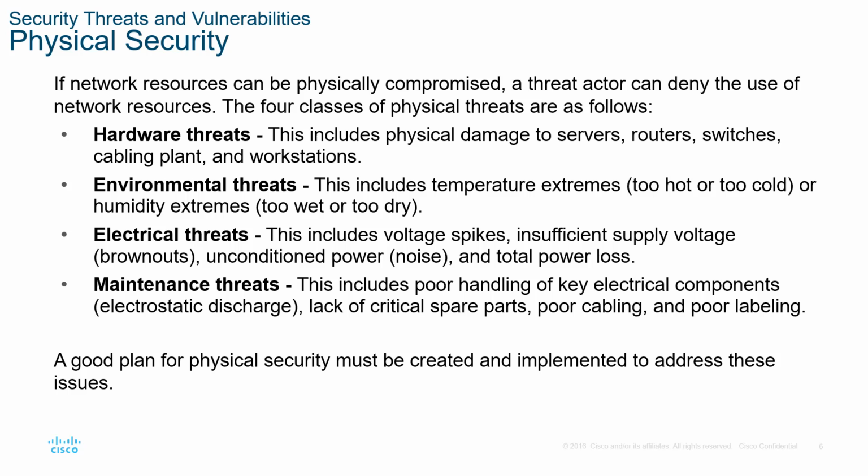Electrical, that could be a non-standard power grid or a non-stable power grid, so we end up with sags or spikes or improper voltage to actually power units, maybe noise, or even just a straight power outage, complete power loss. Lastly, the fourth one is maintenance threats. Basically, this will be poor handling of key electrical components, ESD discharge, maybe the lack of critical spare parts.